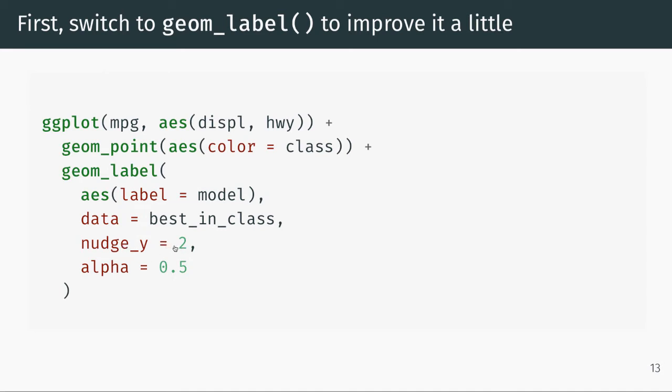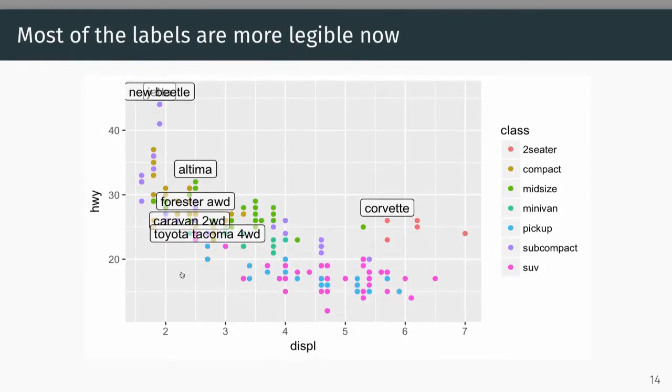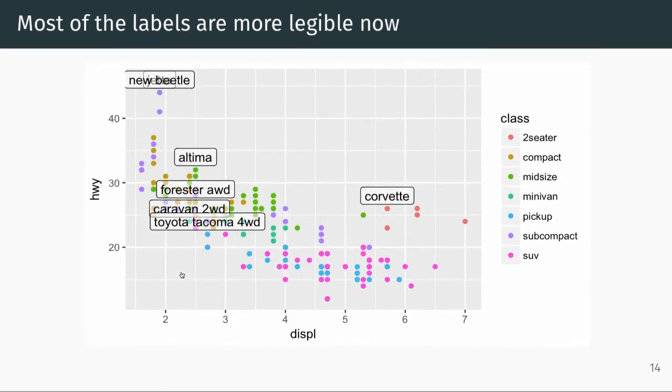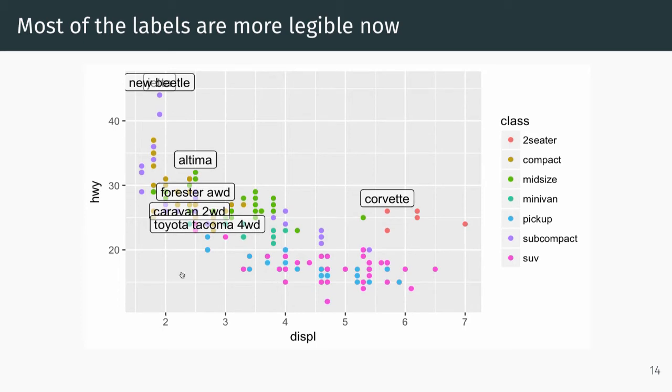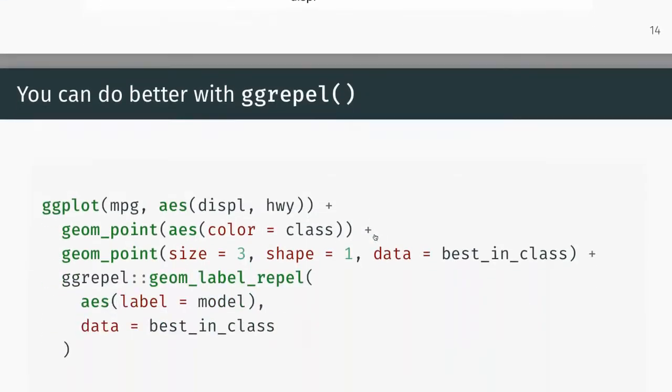So first we're going to nudge it up 2 units, whatever these units are, and then we're going to make the labels a little bit opaque by saying alpha equals 1/2. And this gives us a slightly better depiction, the labels in general are more legible. Jetta is even more completely hidden because it's behind New Beetle, but the other ones look a little bit better. But we can do better than this still.